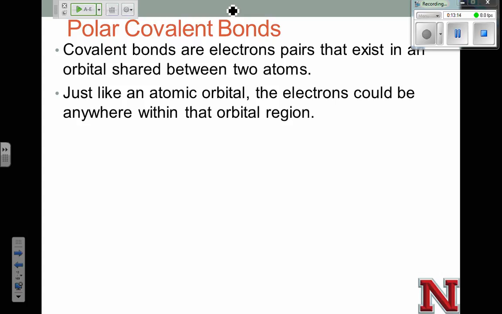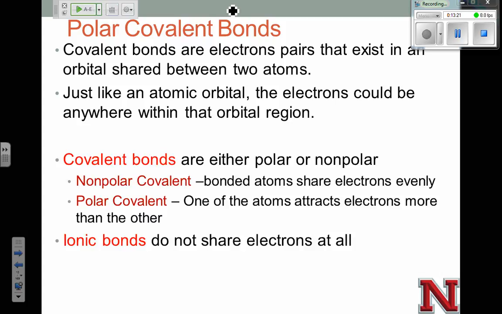Covalent bonds are electron pairs that exist in an orbital shared between 2 atoms. But our covalent bonds aren't exactly all equal, and it really depends on electronegativity. So we have 2 classifications. We have nonpolar covalent, where bonded atoms share electrons equally. And we have polar covalent, where one of the atoms attracts electrons more than the other.